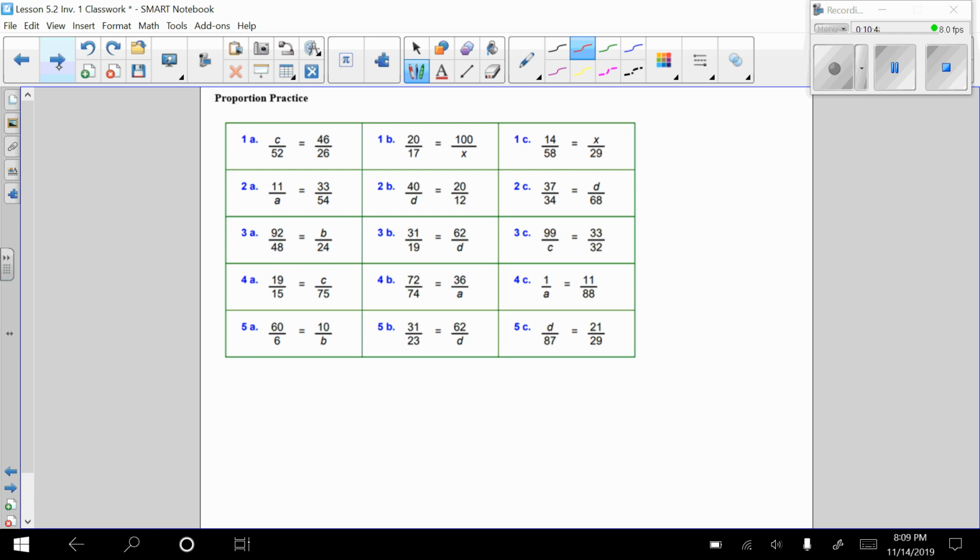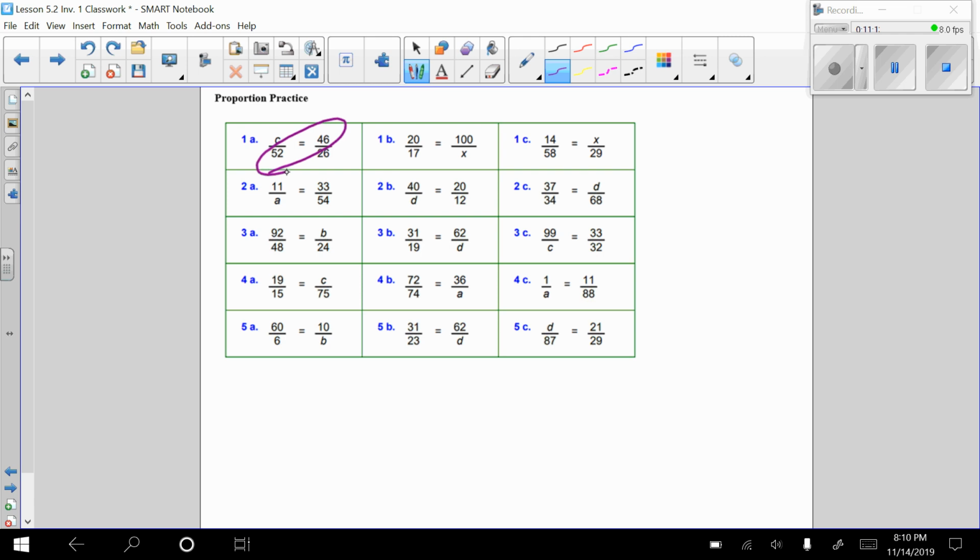Here are some practice ones. Look at the first one. C is to 52 as 46 is to 26. What do I need to fill in? Remember, cross multiply and divide by the lonely guy. So if I cross multiply 52 times 46, I'm going to get 2,392.